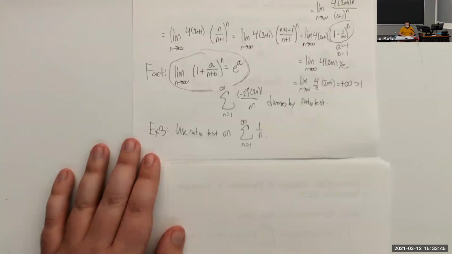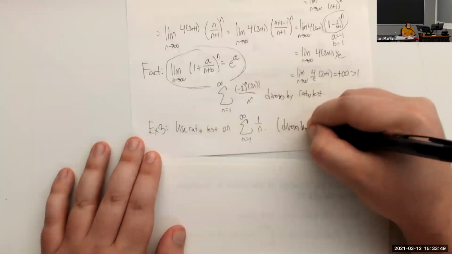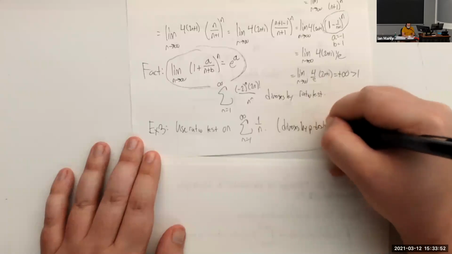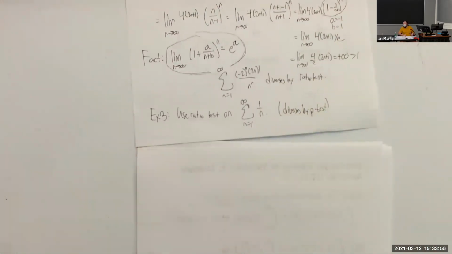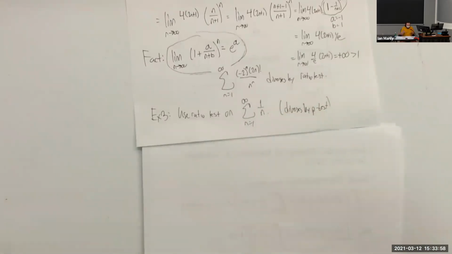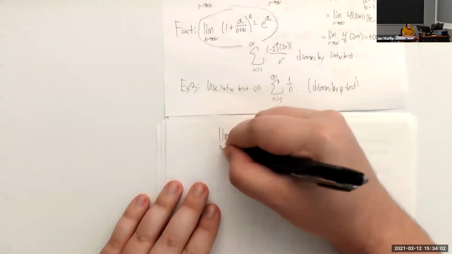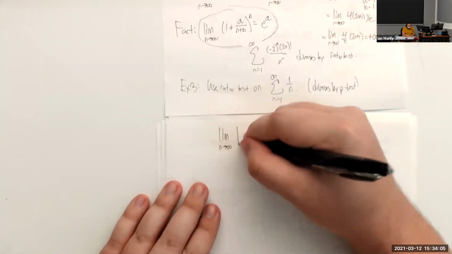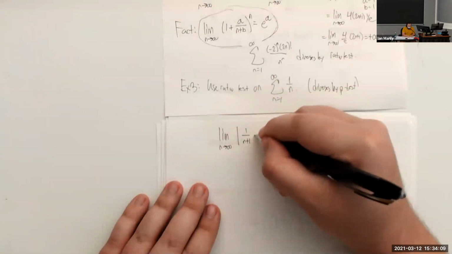It's going to diverge, right? We already know that this diverges by the p-test. Well, that means that if we put this in the ratio test, it's probably going to say the same thing. So let's just go ahead and do it. We have the limit as n goes to infinity of the absolute value. An plus 1 would be 1 over n plus 1.